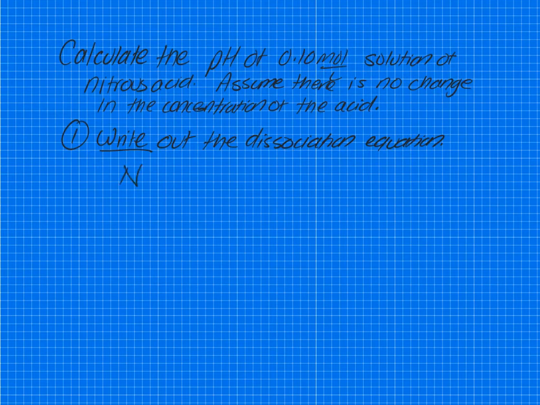So HNO2 plus water goes to... again, this is the acid. You should be able to do it without your table, but you can look at your table. Go find HNO2, go straight across from it, and see what it becomes when it donates its hydrogen.